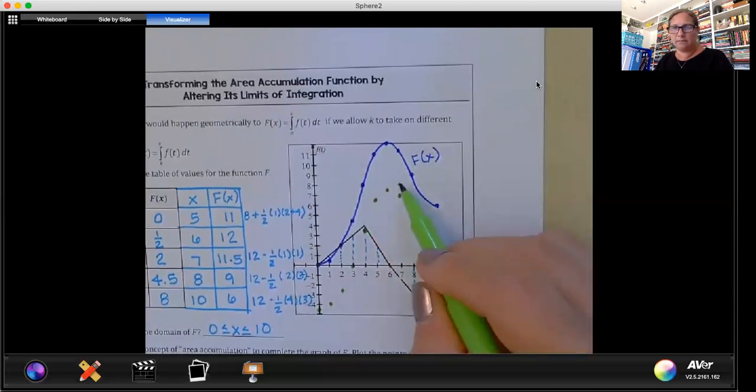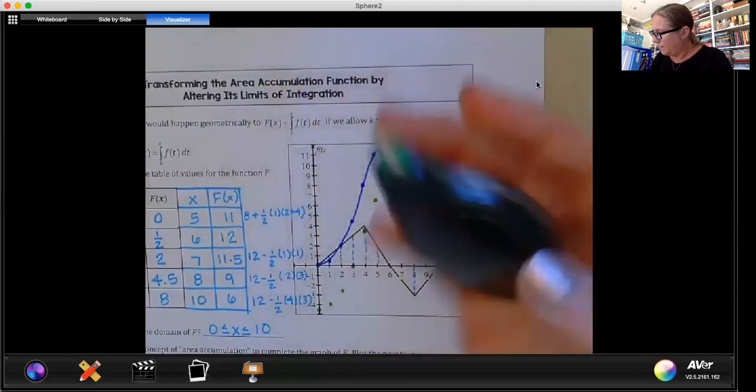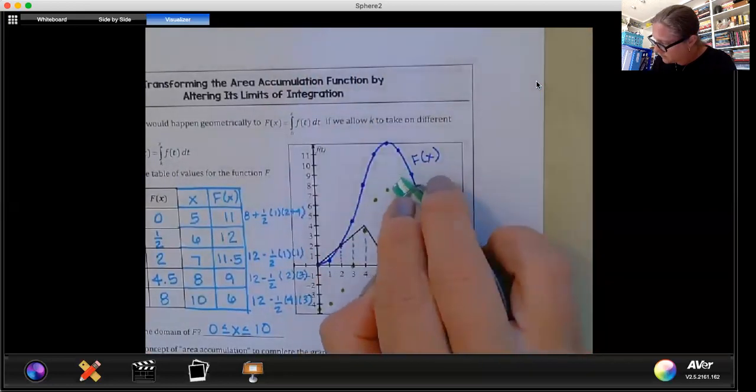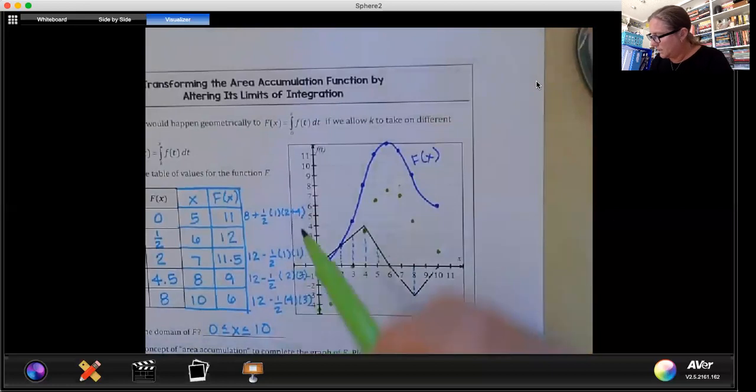This is a mistake. I can see if I can white that out. And then just connect your green dots.